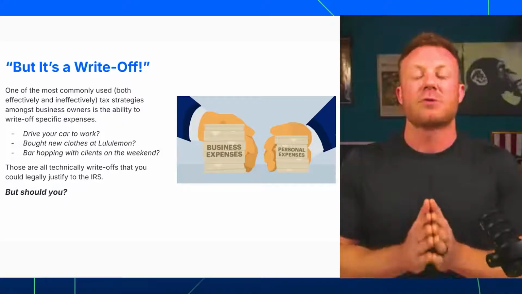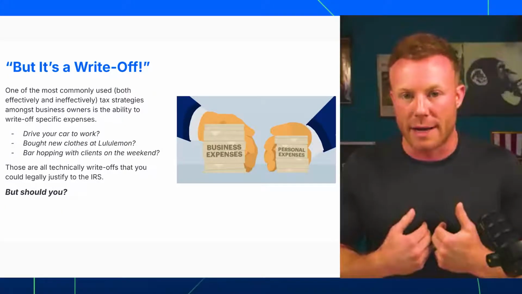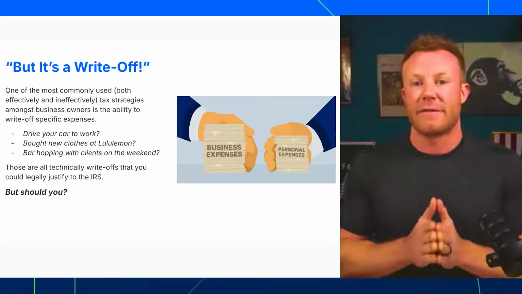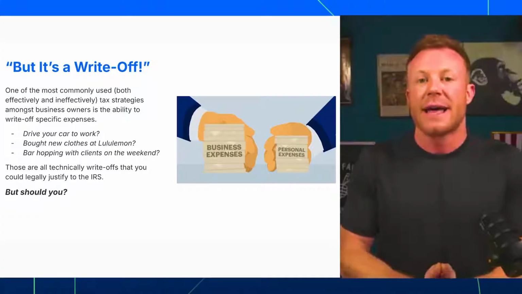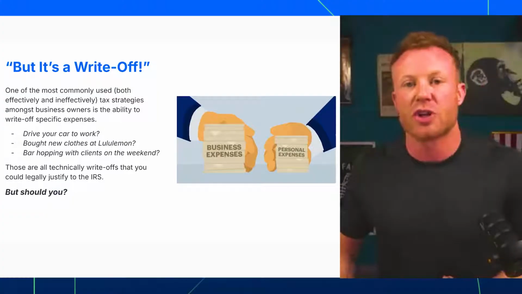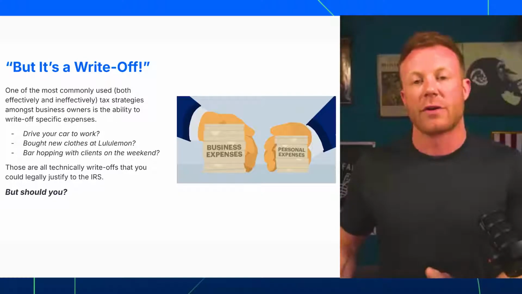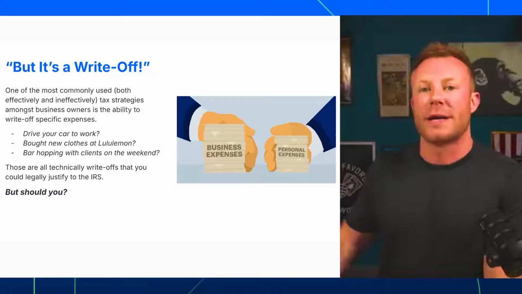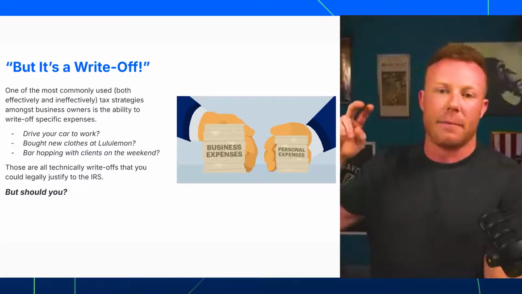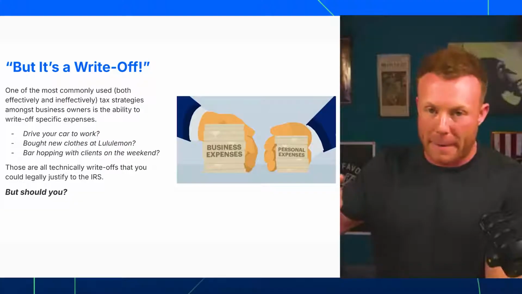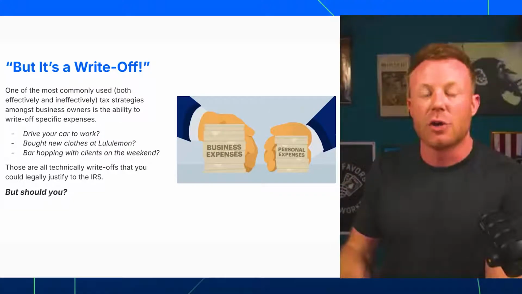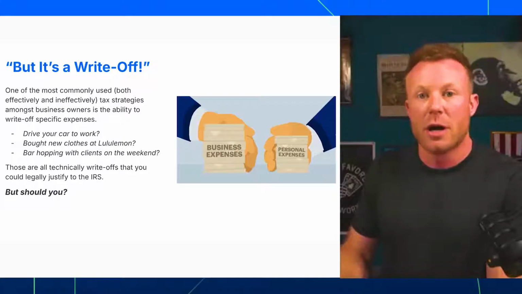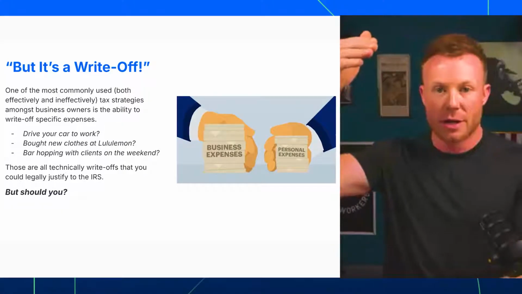Now, this is where I'm a random redheaded dude talking to you through a screen. I'm not your CPA. You and your CPA might very specifically have a tax strategy that involves you writing off as much as humanly possible. However, if you, in the next 3 years, think you might want to borrow institutional money from a lender, private equity, or get a loan to buy a building or anything like that, you likely do not want to pursue that strategy, because it is going to make your business look like it costs too much to run.